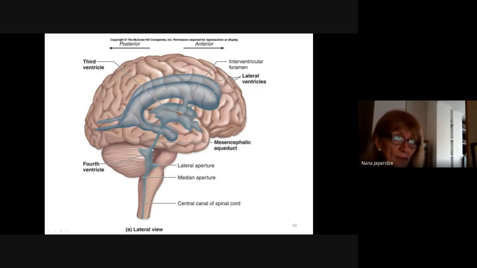This connection is the mesencephalic aqueduct here. And the fourth ventricle here has a lateral aperture and a median aperture. It means real holes via which this ventricular system is connected with the space surrounding the whole brain and spinal cord. So this is the spinal cord canal.